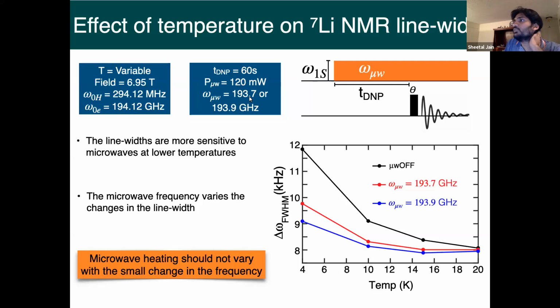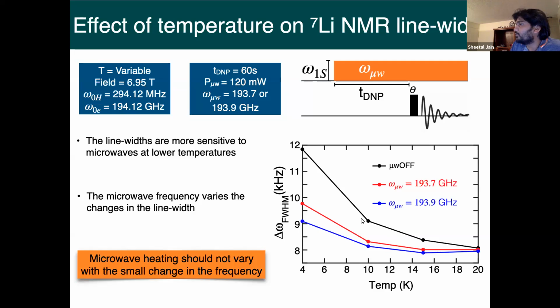The frequency was 193.7 gigahertz, which is the frequency at which the DNP was optimum. We also tried a different frequency, which is at the center of the EPR pattern of the TEMPO at our field. So the black data points here are the line widths as a function of temperature under microwave off conditions.